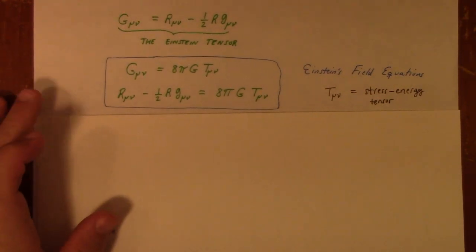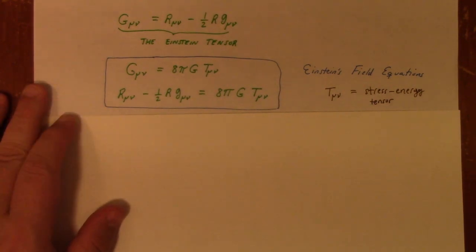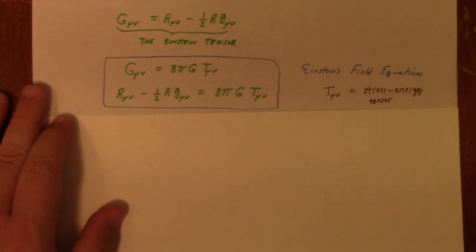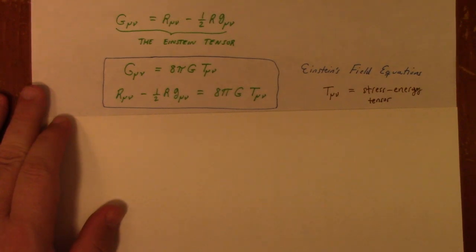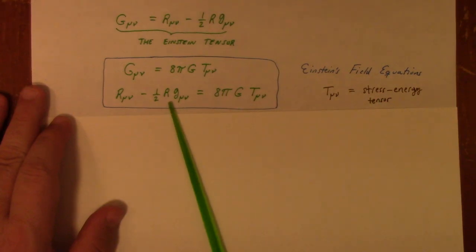For example, the stress energy tensor is 0 in the vacuum of space. That question drags us into a larger cosmological discussion, but setting aside those issues for a second, like the cosmological constant and all that jazz: if the stress energy tensor is 0, then if you contract the Einstein equations, you end up making the Ricci scalar 0.